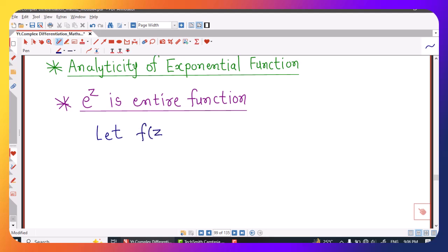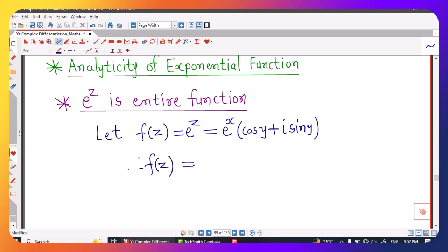First we write f of z equal to e raised to z, and e raised to z is by definition e raised to x times (cos y plus i sin y), and this we can rewrite as f of z equal to e raised to x times cos y plus i times e raised to x times sin y.